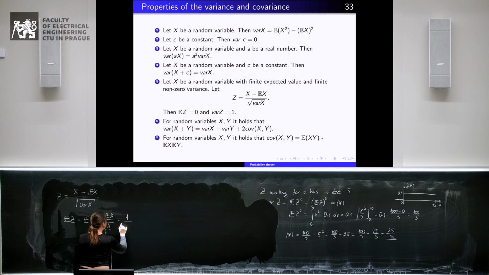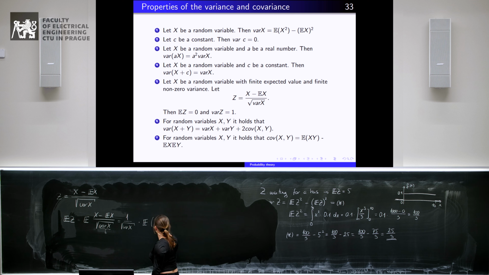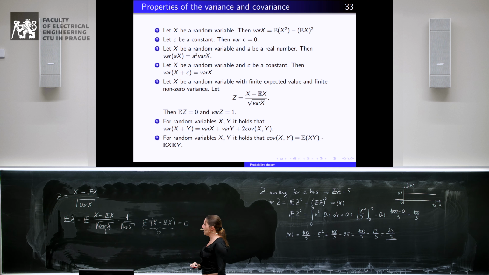So we can write it in front of the whole expected value. And we have the expected value of x minus the expected value of x. But as we showed before, this is equal to 0. So when we multiply it by an arbitrary constant, we get 0 as well.